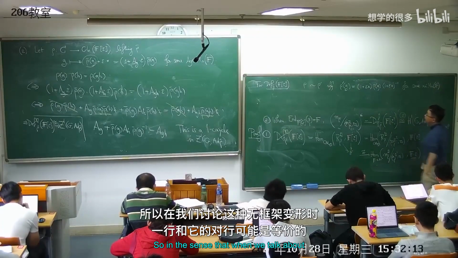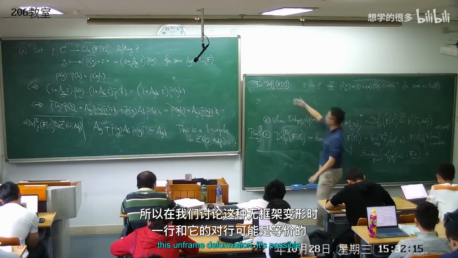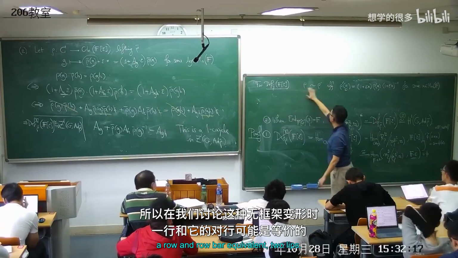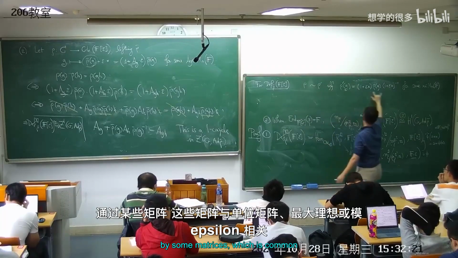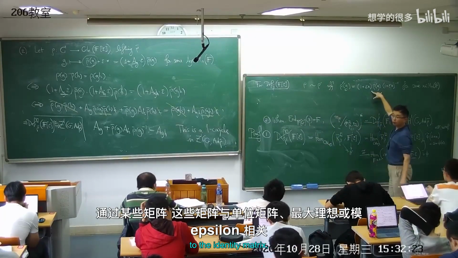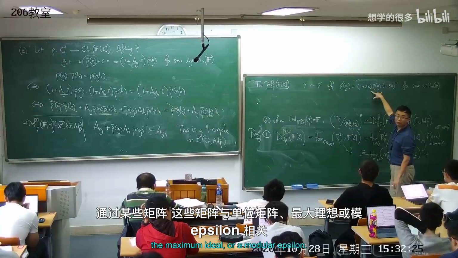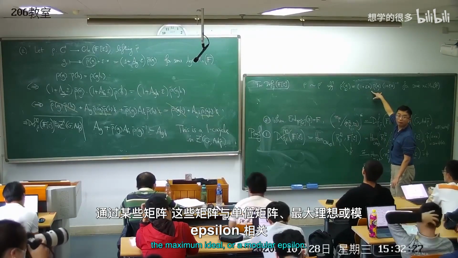In the sense that when we talk about this unframed deformation, rho and rho bar are equivalent if and only if they are conjugated by some matrix which is congruent to the identity matrix modulo the maximal ideal, or modulo epsilon.